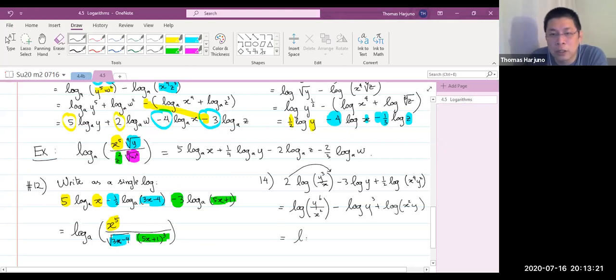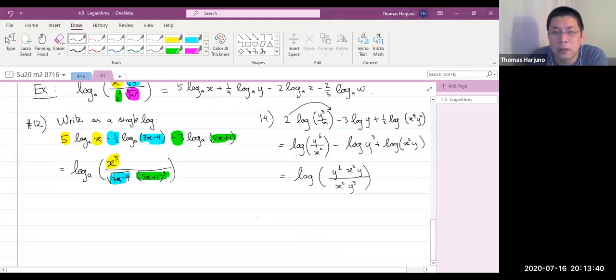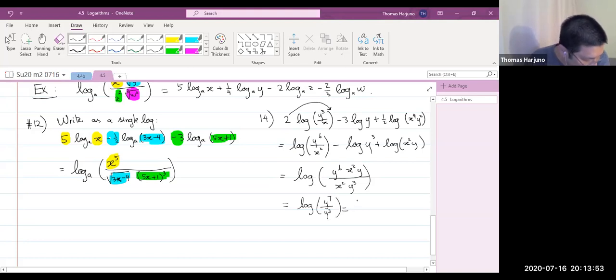This is a single log of y to the 6 over x squared, y cubed at the bottom because the coefficient is negative, and x squared y on the top because the coefficient is positive. Now let's simplify that a little bit. The x squared cancel, so I get log y to the 7th over y cubed. That's log y to the 4th.